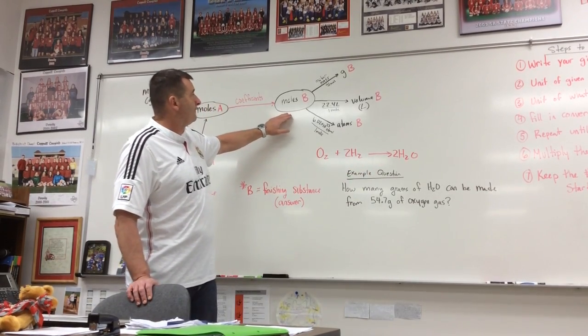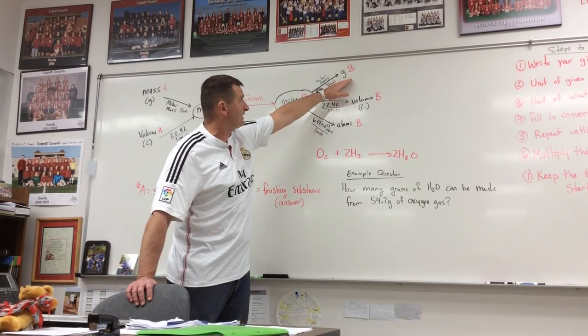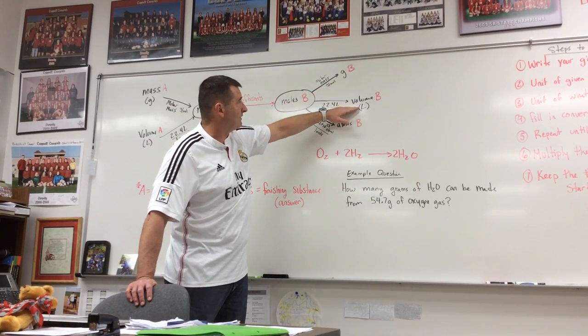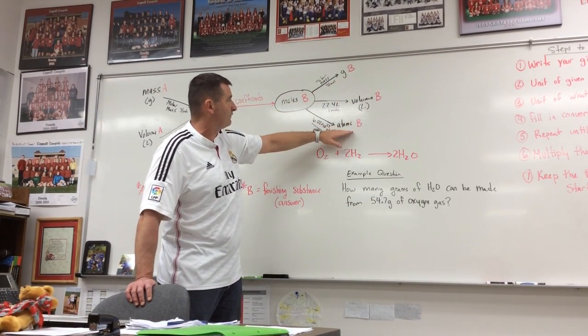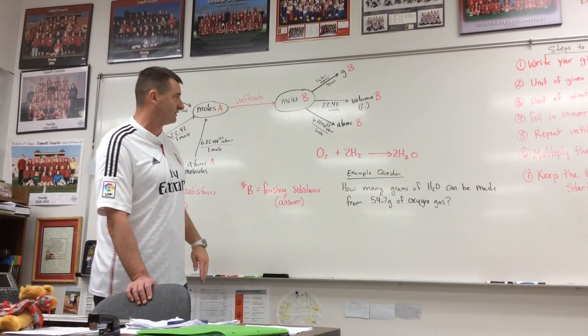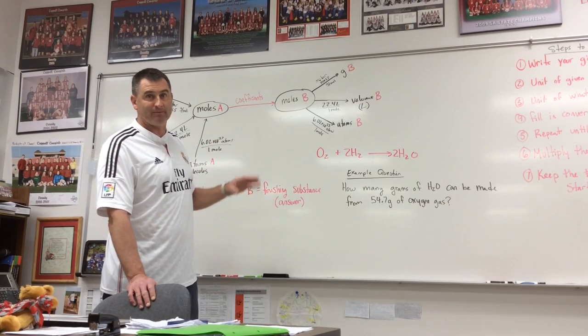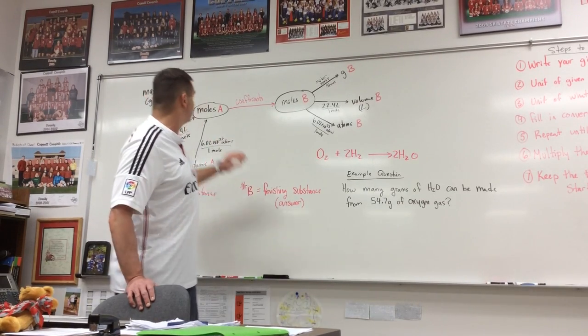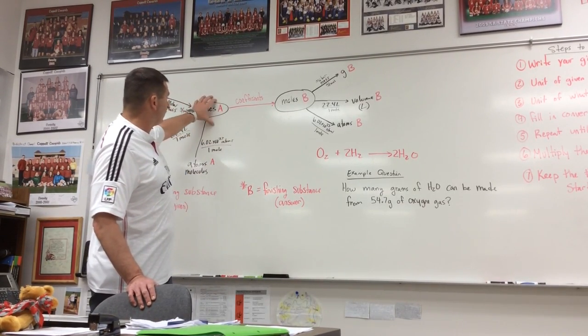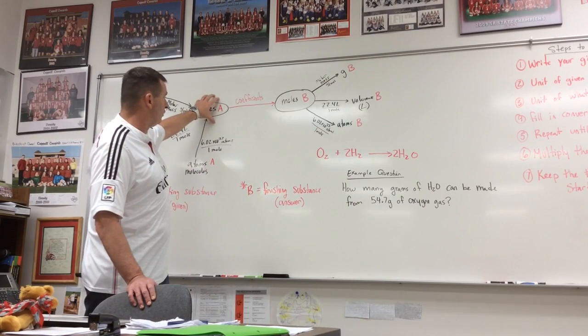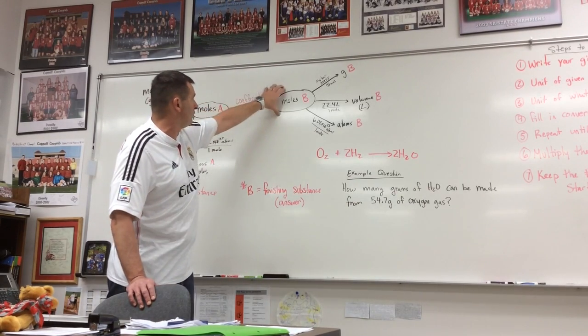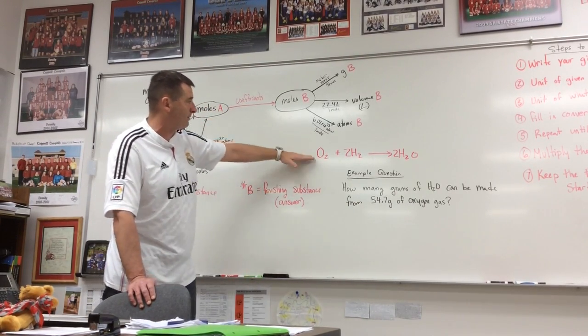And then I might finish with grams of my ending substance, or liters, or atoms of my finishing substance. So there are a lot of different paths these problems can go, but the key is you have to convert your starting substance to moles and then convert moles to moles by using the coefficients from our chemical reaction.